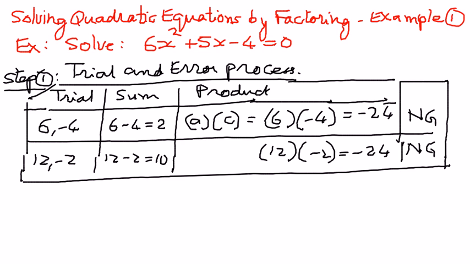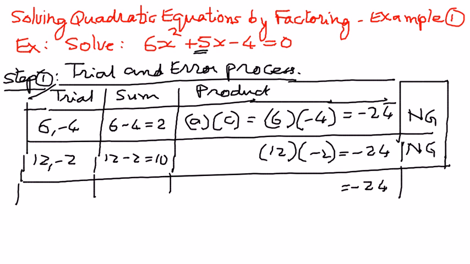Let's keep looking. So the third trial, let us say, we want to keep the product of the first term and the last term as negative 24, so we look for two numbers which when we multiply will give us negative 24, but when we find the sum of those two numbers, it should add up to positive 5.